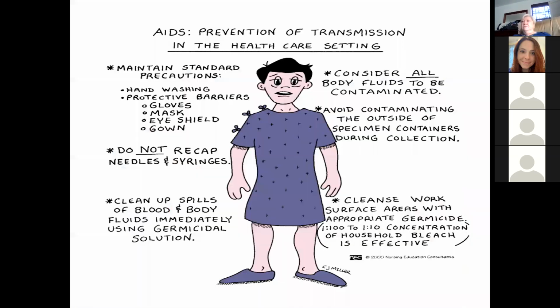Janie, can I ask you a question? Sure. When it comes to the lesions, I know that this is only really transmitted via blood, semen, and vaginal secretions. If they have a lesion that is open, would you then be wearing a mask and everything to change that dressing, just in case? Well, wear gloves for sure. But you have to decide what your PPE would be.